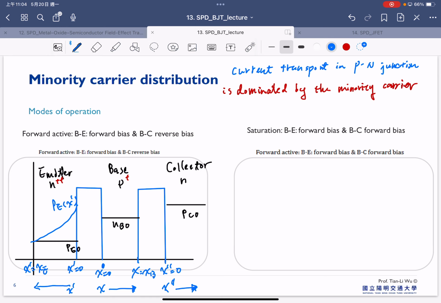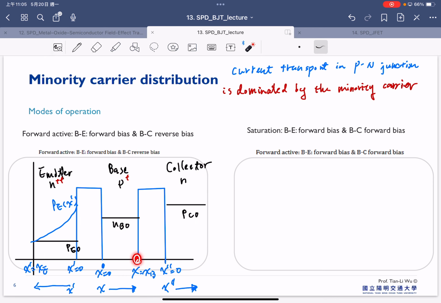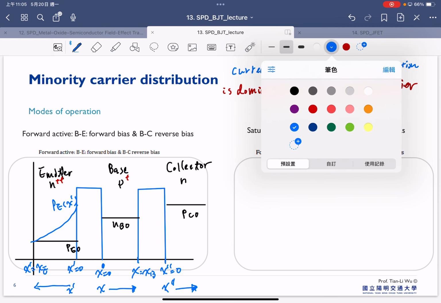But also on the base side, if we only consider this p-n junction, we can expect it should be like this. But right now we have two p-n junctions, and at this moment this is a reverse bias. Reverse bias means that at this point we should not have any carrier concentration. So therefore this will change the minority carrier concentration to become like this.